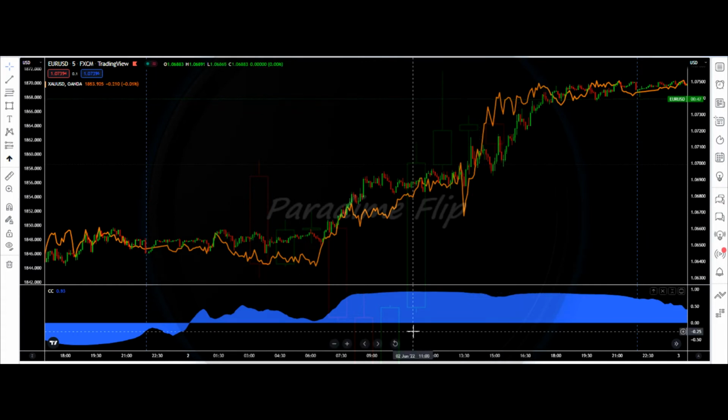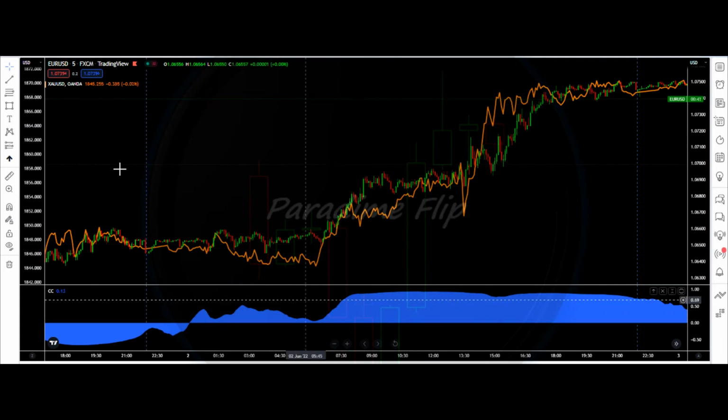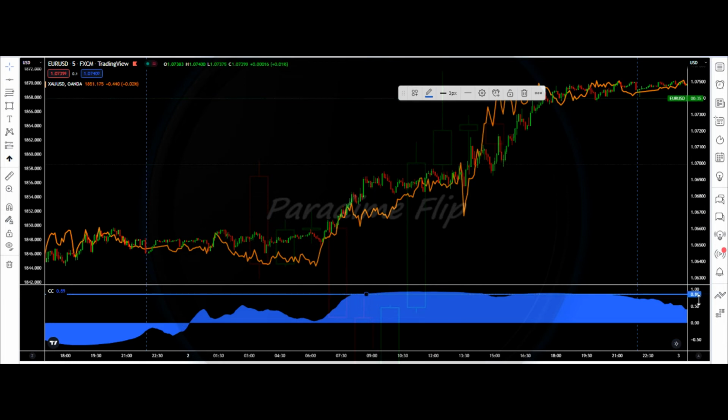And we only want to be looking for opportunities when we have a statistical edge, right? So when the correlation is high, you can see around this area here, the correlation is about 86. That means 86% of the time, gold and Euro USD are moving in the same direction. Now, that gives us an edge because we know that if Euro USD rises and gold drops, and overall the trend of the two is up, gold will essentially continue back up in the direction of the trend, not only its own trend, but the trend of Euro USD.